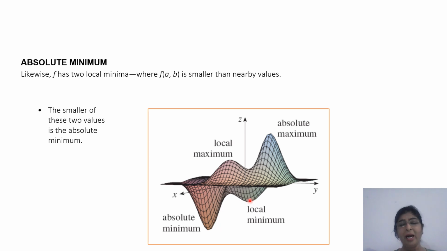Here again the value of the function at the point (a1, b1), or f of (a1, b1), is minimum as compared to the nearby points. The smaller of these two values is the absolute minimum, and the other is the local minimum.